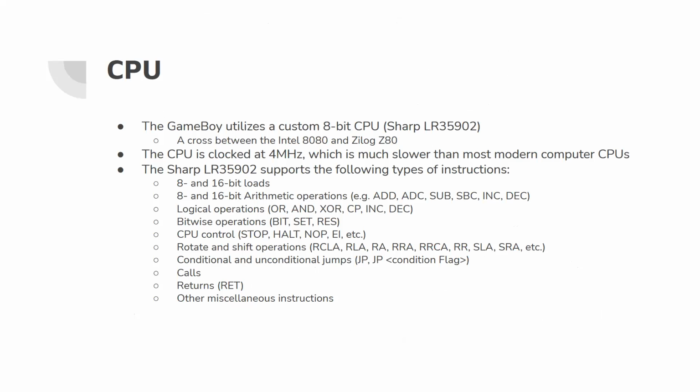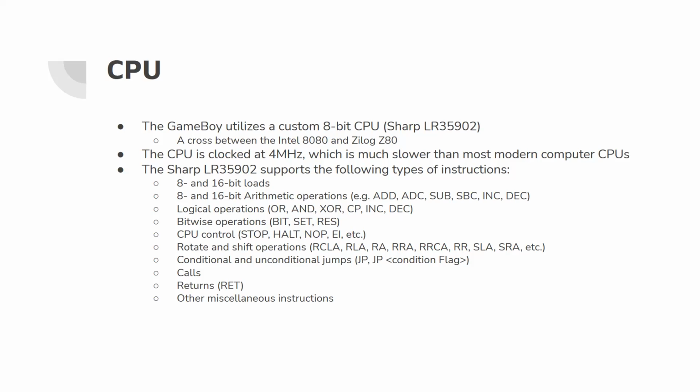So like I said before, the original Game Boy uses an 8-bit CPU, and it has a hybrid approach between the Intel 8080 and the Zilog Z80. So most of the instructions are 8-bit, but there's also 16-bit loads and 16-bit arithmetic operations.